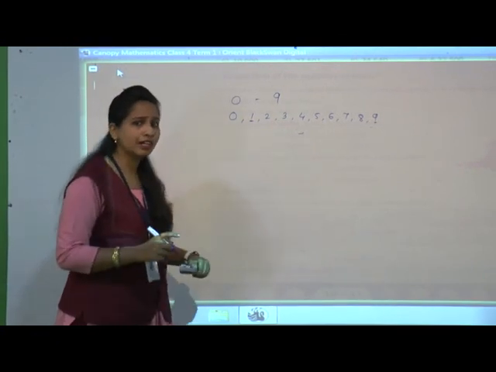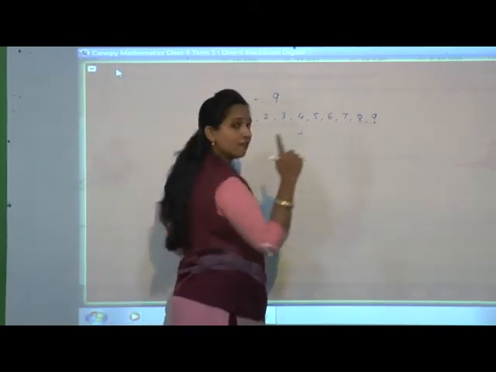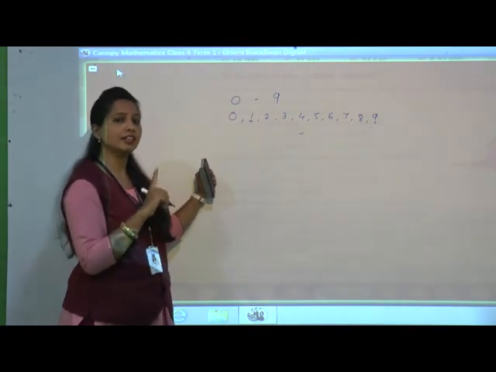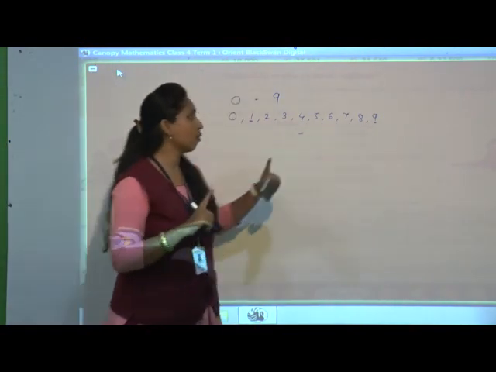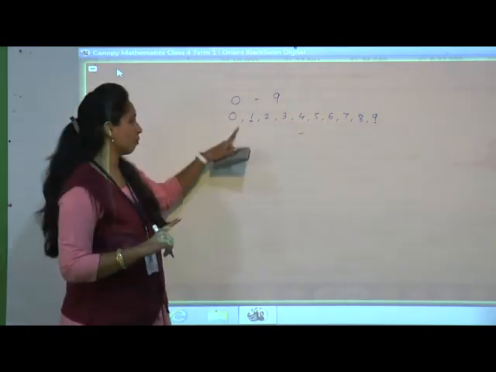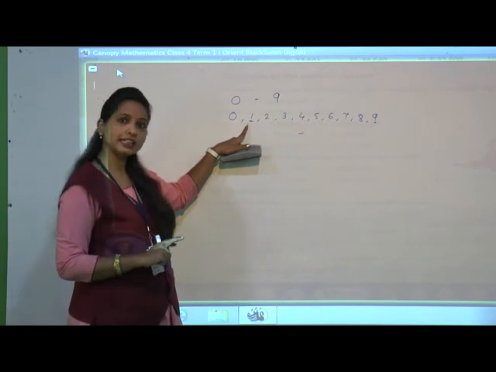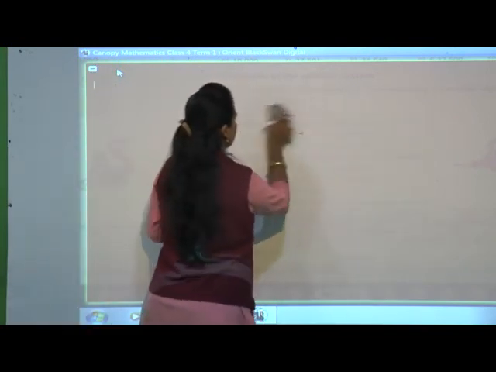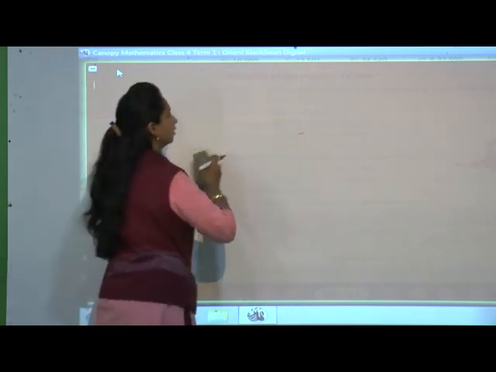Why am I calling it 1-digit? You can see only one digit is there. So, this is the greatest 1-digit number. What is the greatest 1-digit number? 9. And what is the smallest 1-digit number? 1. Okay. Now, I will start from the beginning.